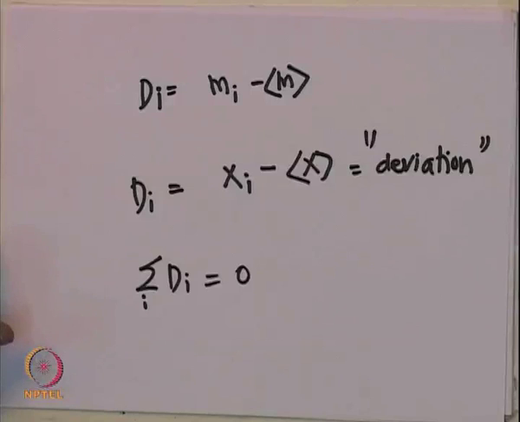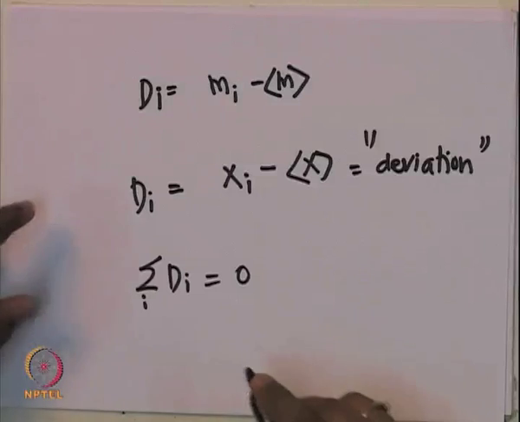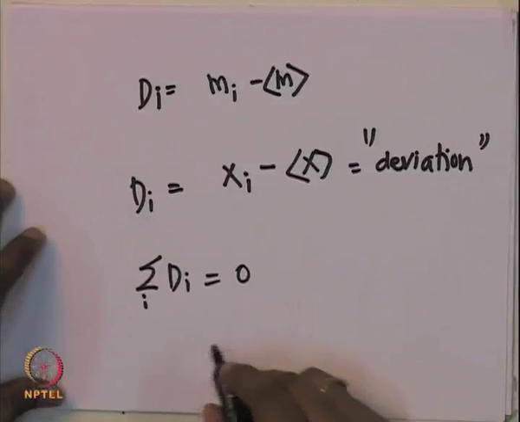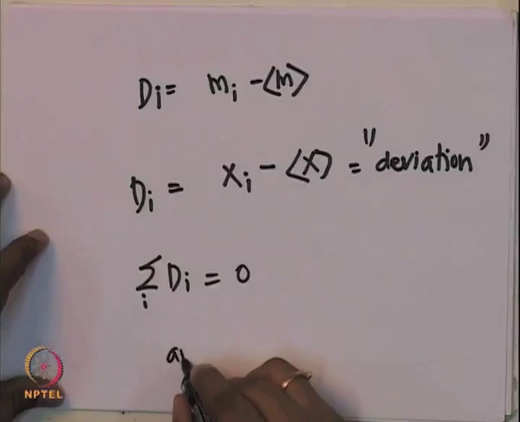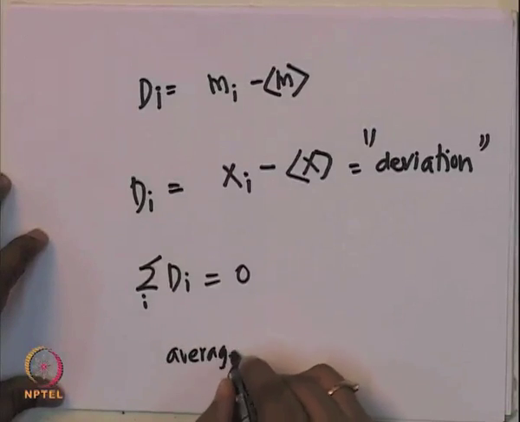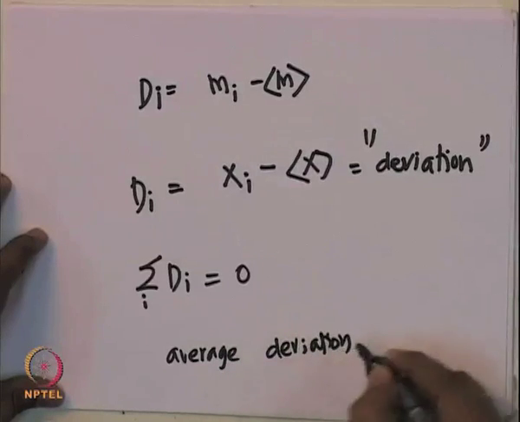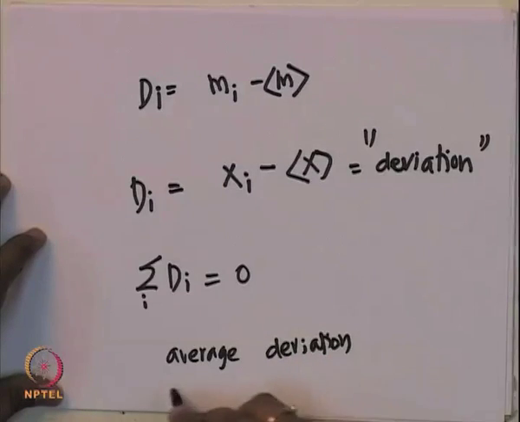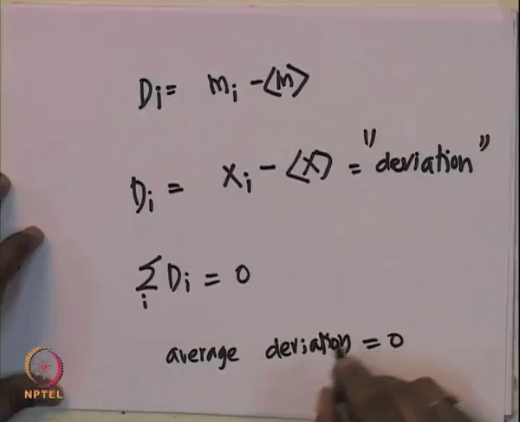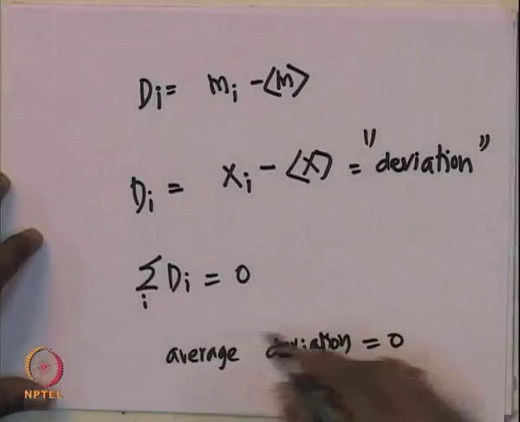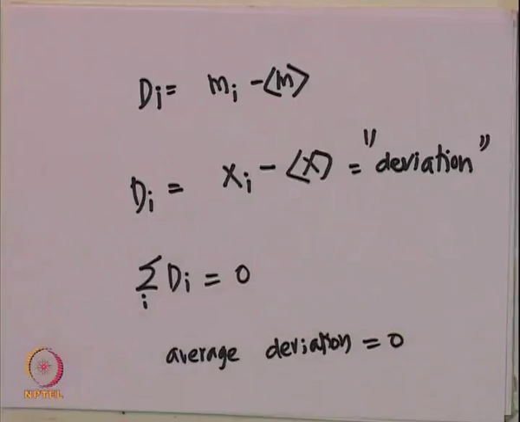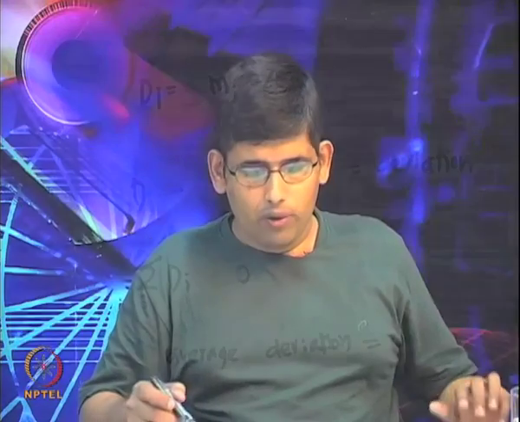So, what do we do when the sum of the deviation is 0? The average of the deviation is 0, because the sum is 0. So, the mean deviation is 0, because mean deviation is 1 over n times 0, which is 0.